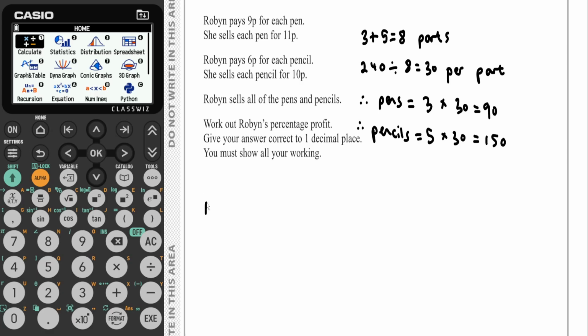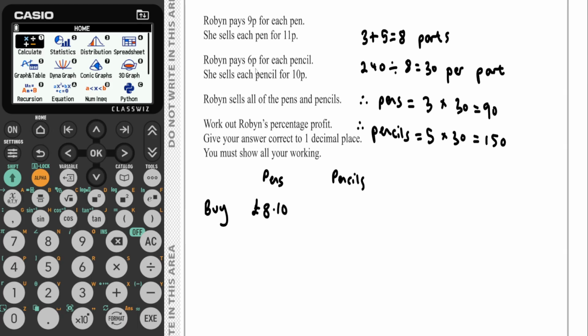Now, if we take a look at the total amount we buy pens and pencils for, that's 9p for each pen, and we've got 90 pens, so 90 times by 9p, that's £8.10.